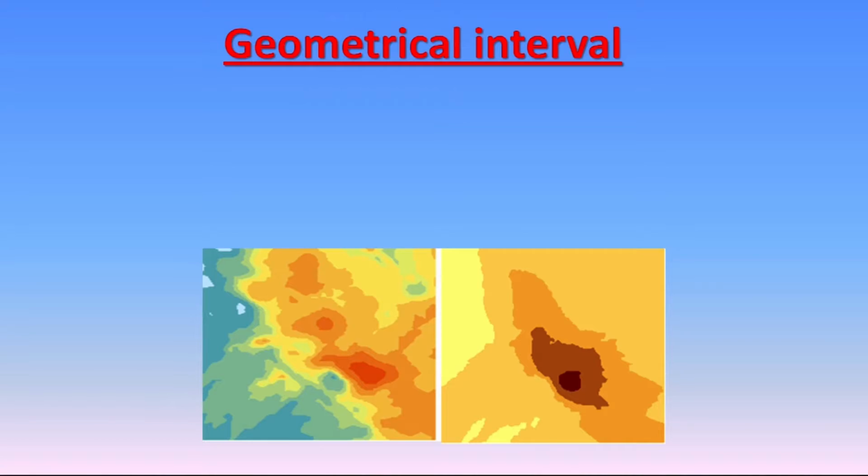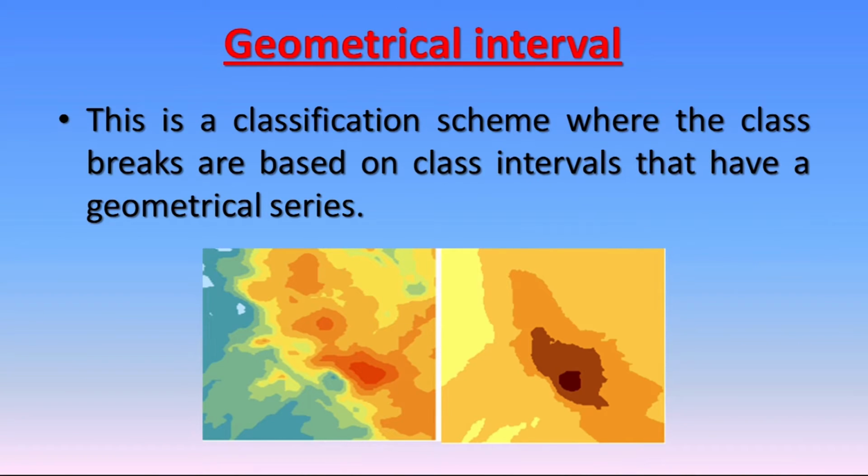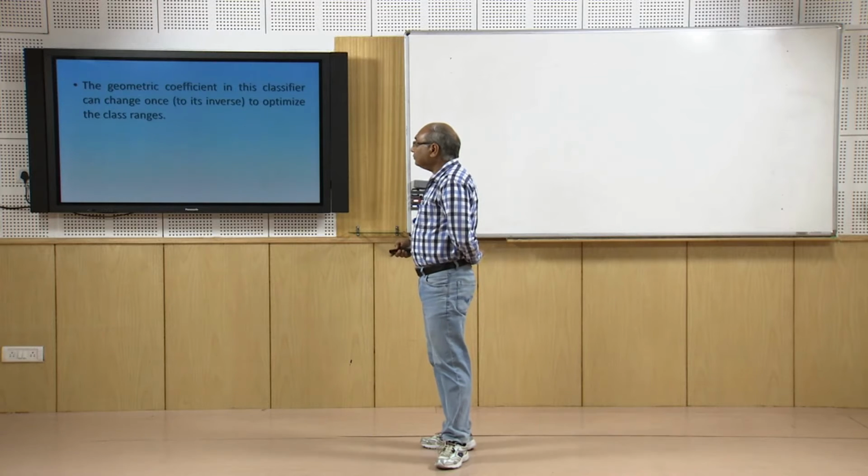The last one in this series of classification techniques, the sixth one, is the geometrical interval, which has been recently implemented in GIS software. In this classification scheme the class breaks are based on class intervals that have a geometrical series. The same map, when subjected to geometrical interval, may have a different appearance.